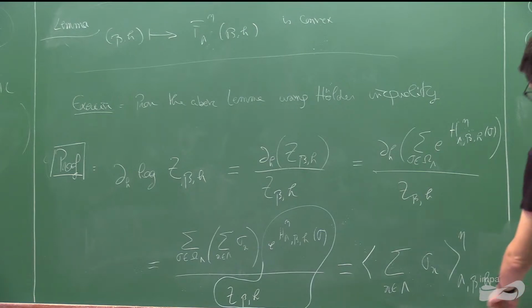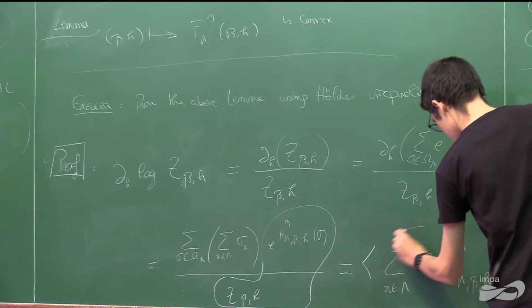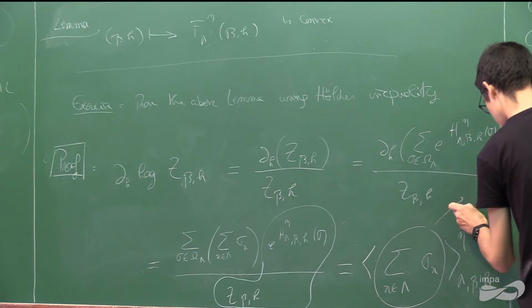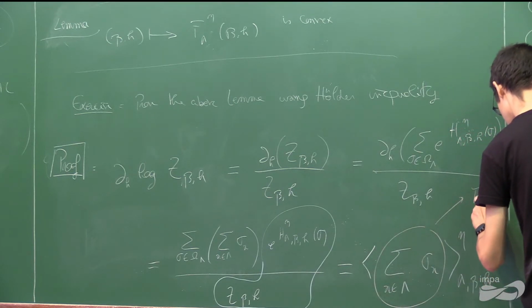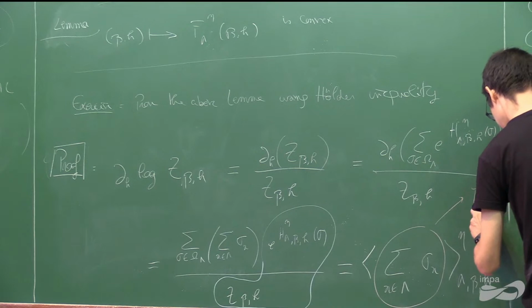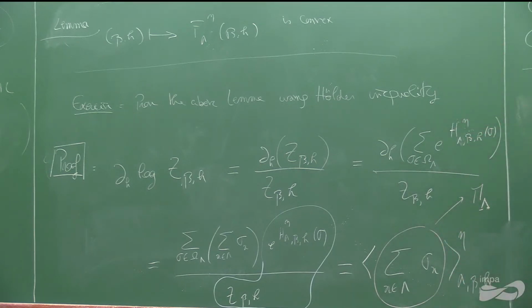Okay, and this thing corresponds to the total magnetization in my box lambda. It's just the sum of the spins that I have in lambda, so it gives me the total magnetization.